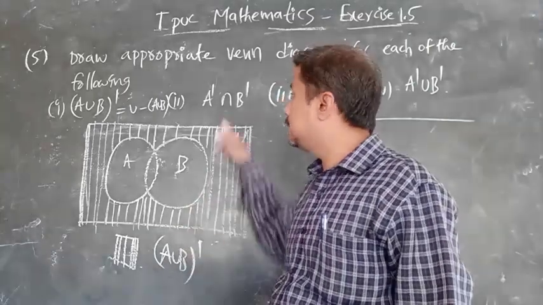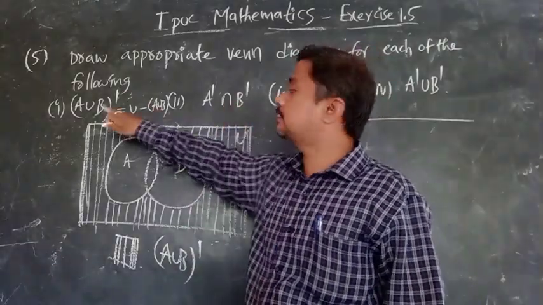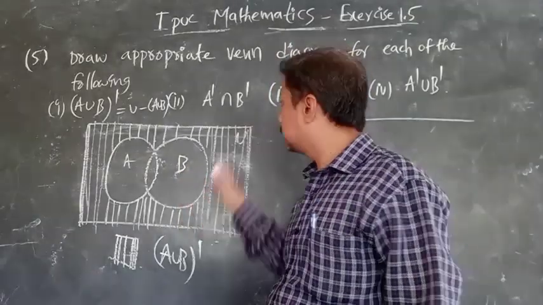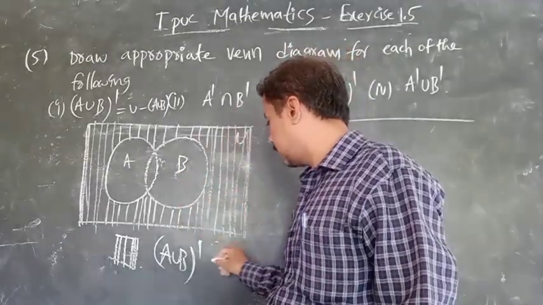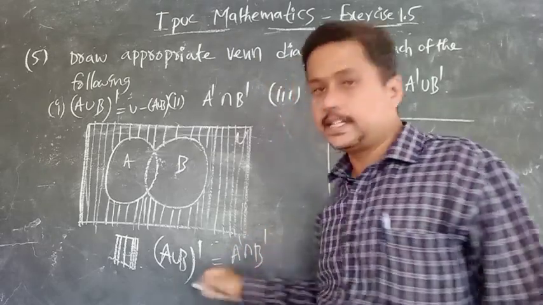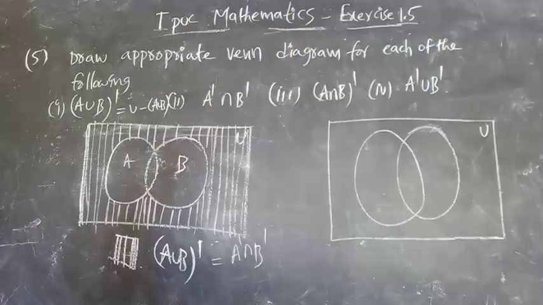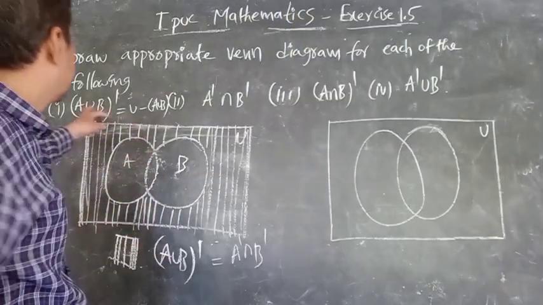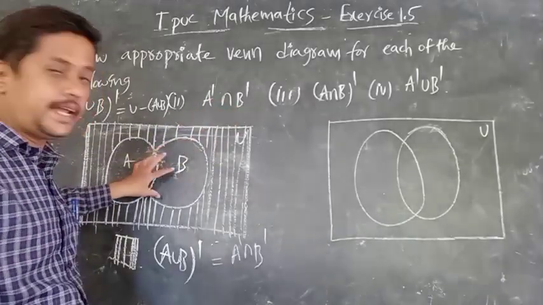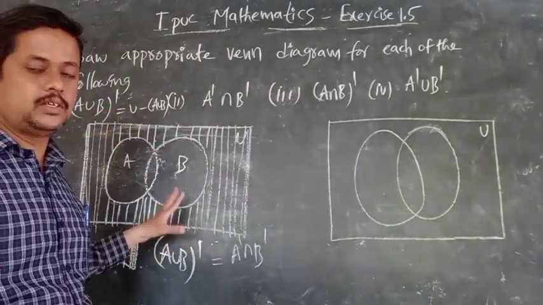A dash intersection B dash. So both are the same, no? That's why the same Venn diagram for this also. For (A union B) dash and A dash intersection B dash, the same Venn diagram for both. Very easy, no? So learn this one.